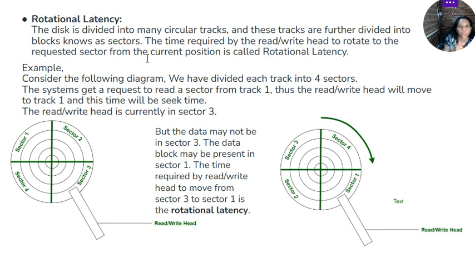Say each track is divided into 4 sectors, and the system gets a request to read a sector from track 1. The read-write head will move to track 1, and this time is called seek time. The read-write head is currently at sector 3, but the data block may be in sector 1. So the time for the read-write head to move from sector 3 to sector 1 is called rotational latency.